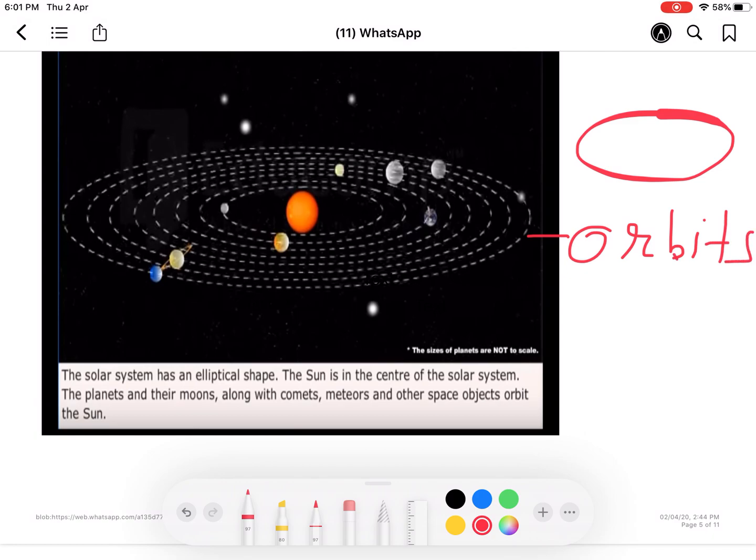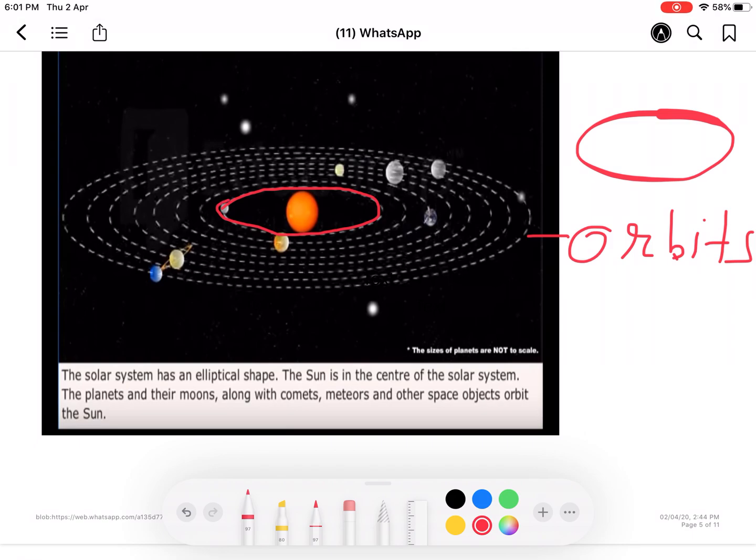Now what are orbits? You can see that the sun is in the center of the solar system, and around the sun there are planets that revolve around the sun. But while revolving around the sun, generally they take a fixed path. Suppose this is the first planet, Mercury, and it revolves around its own fixed path.